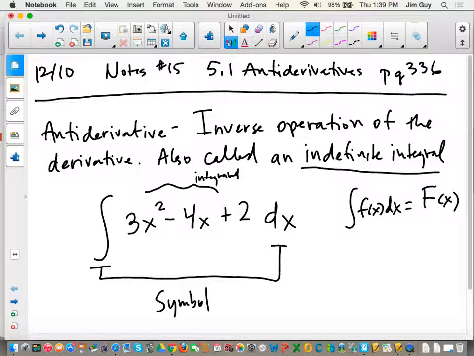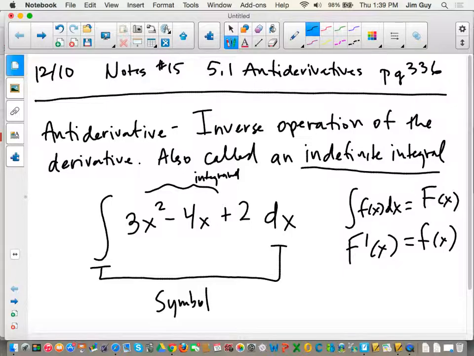If they said find this, then you're just going to write down what it equals. You don't have to worry about the notation or label. But in general, capital F is typically reserved for antiderivatives. So if you take the derivative of this antiderivative, capital F prime of x, you should go back to the original function, f of x. That's another way of thinking about the connection between the two.